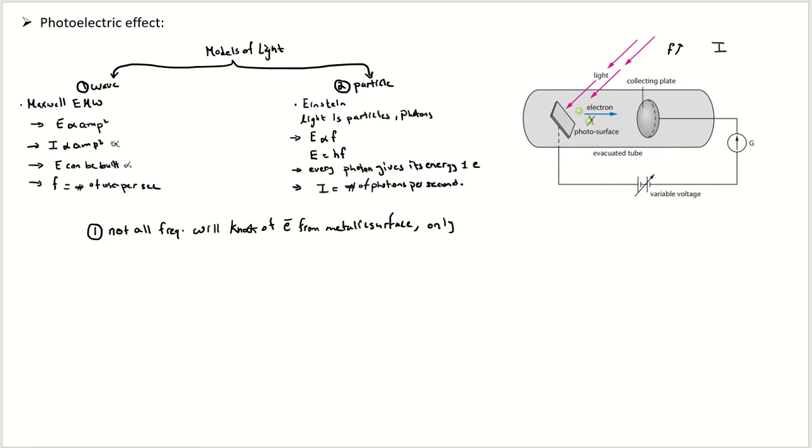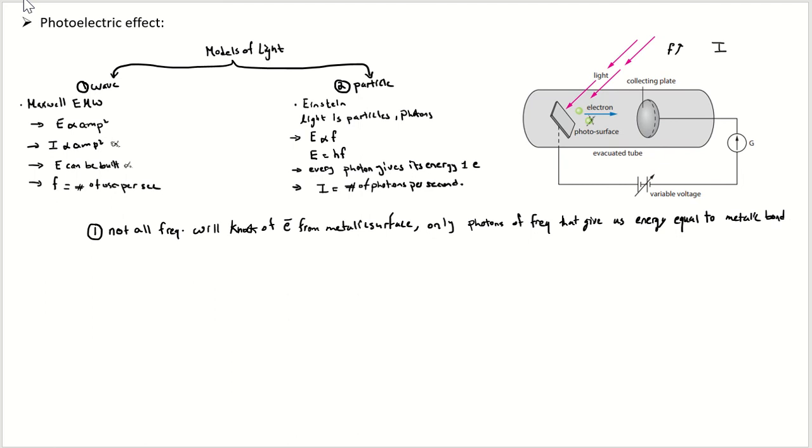Only photons of frequency that give us energy equal to the metallic bond. Okay, so the energy of the photon should overcome the metallic bond, or else the electron won't be knocked off.